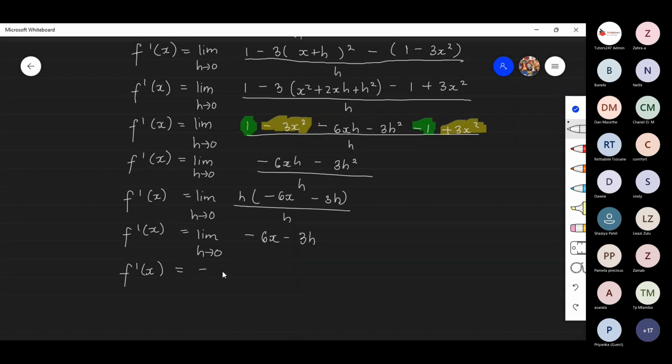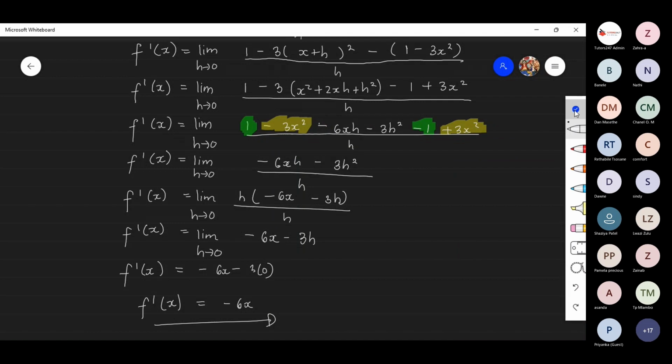So this is going to be negative 6x minus 3 into 0, and we will therefore have f prime of x equals negative 6x.